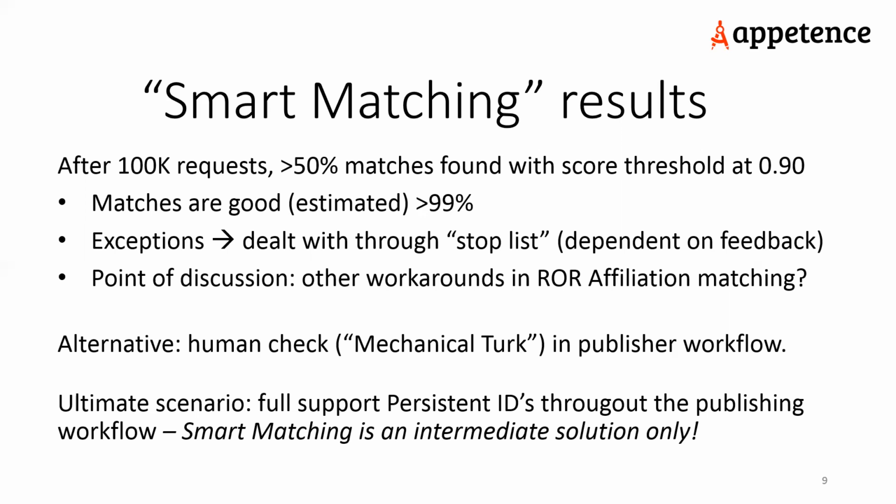Why does the publisher have just a text field at that point? Well, there are few publishers who actually do have full support for these persistent identifiers throughout the publisher workflow, but unfortunately, the majority doesn't have that. So for those, we offer smart matching as an intermediate solution. But the ultimate goal is, of course, that we don't need it anymore.